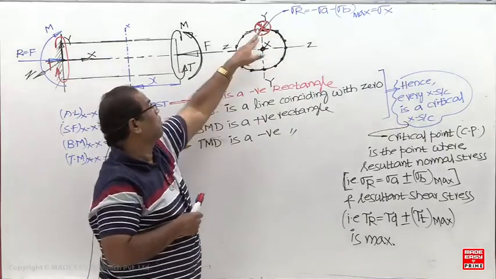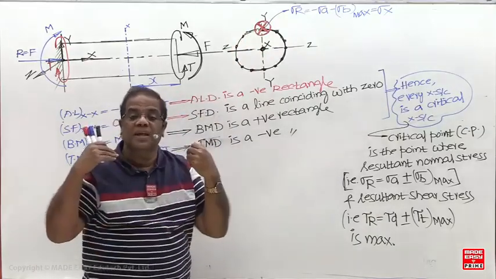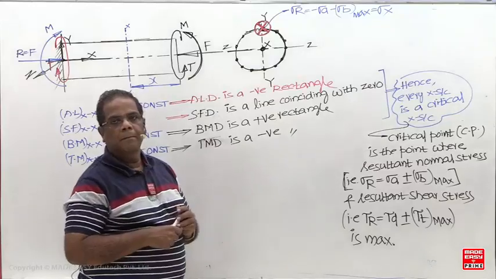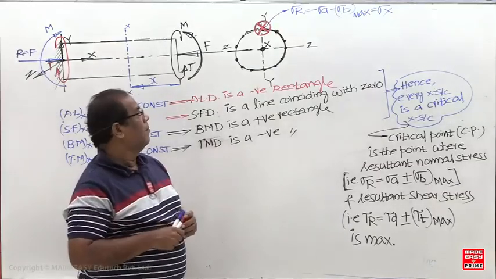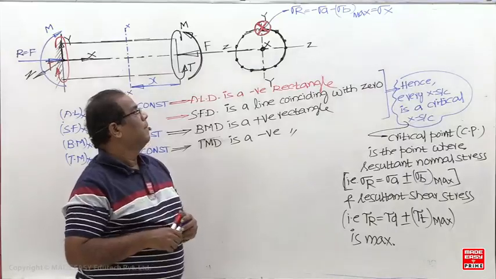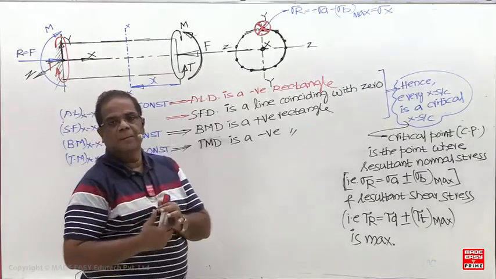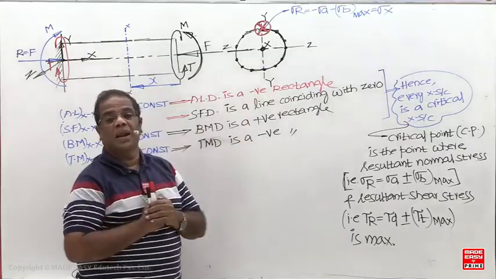Then which one is the critical point? Out of all the points, this is the critical point. Suppose there is no axial load, which one are the critical points?